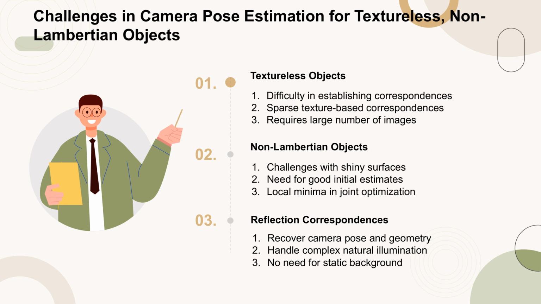Non-Lambertian objects, particularly shiny ones, pose additional difficulties as good initial estimates are required to avoid local minima in joint optimization processes. In contrast, reflection correspondences offer a solution by enabling the recovery of camera pose and object geometry under complex natural illumination without the need for a static overlapping background.